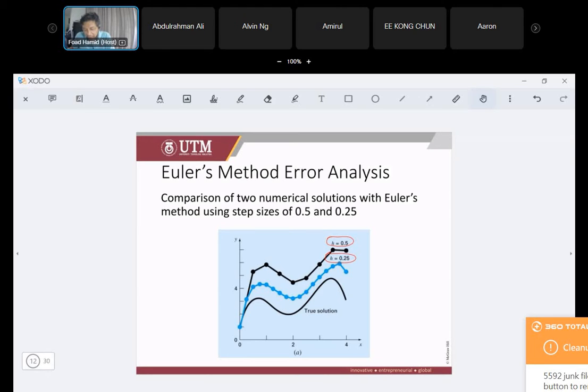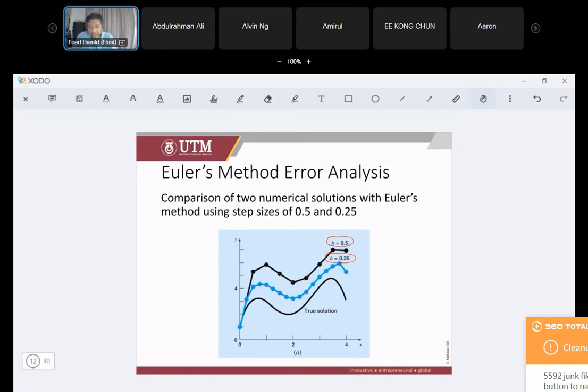When we use h 0.5, there are only 1, 2, 3, 4, 5, 6, 7, 8 points to calculate until x equals 4. But when we use h equal to 0.25, the number of points that we need to calculate is double. 1, 2, 3, 4, 5, 6, 7, 8, 9, 10, 11, 12, 13, 14, 15, and 16. Previously it was only 8, but now it's become 16.